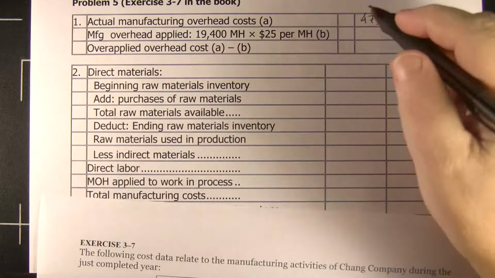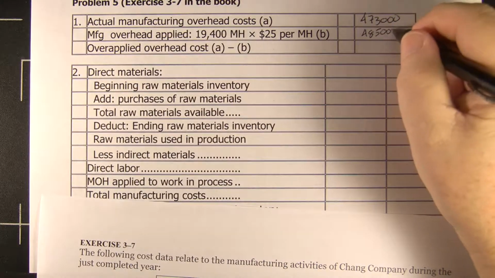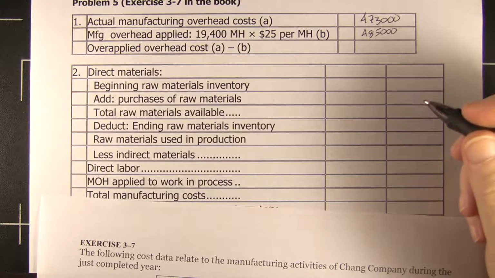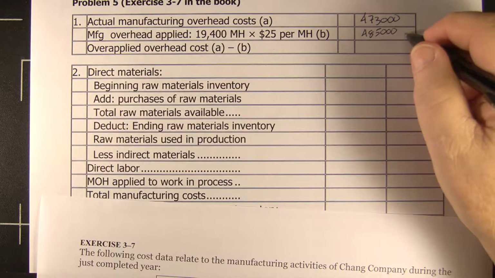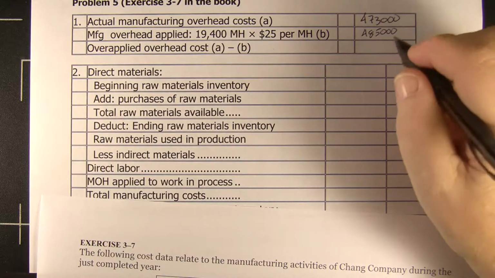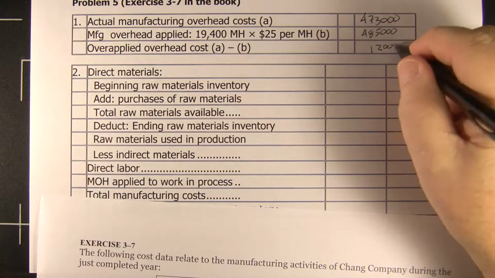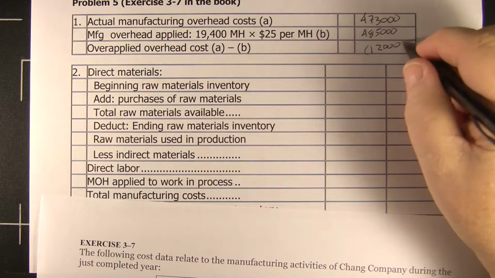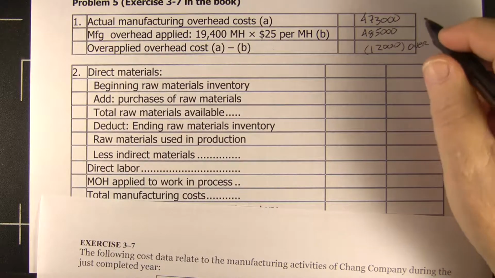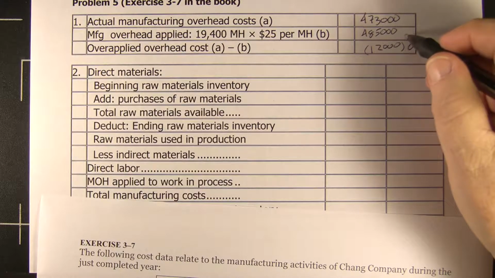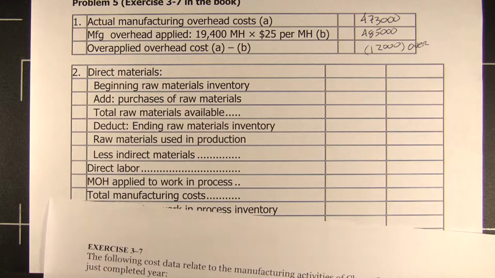So when we do that math, we come up with 485,000 of overhead applied. So we said we had 485,000 of expenses. We actually had 473. So we have $12,000 over applied. We applied $12,000 more expenses than we actually had.